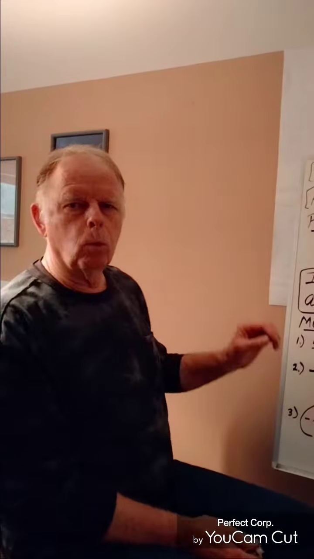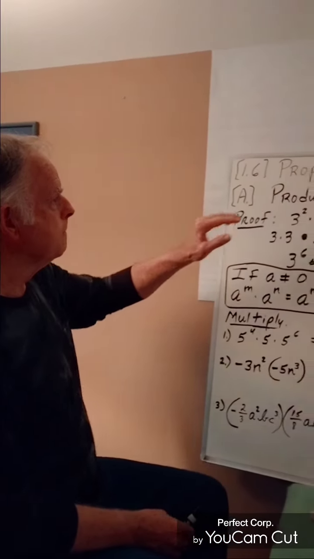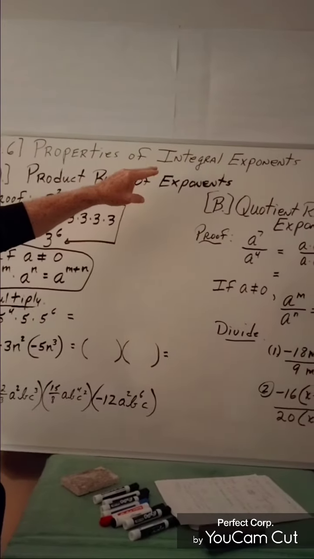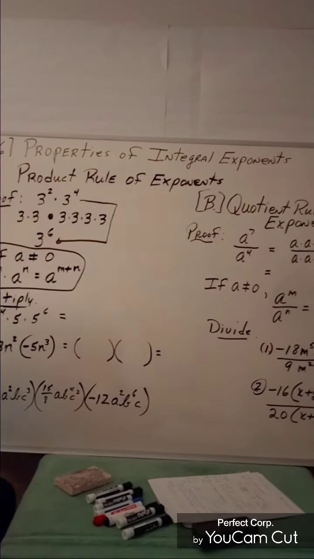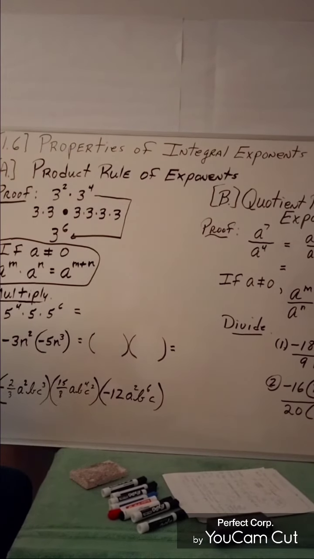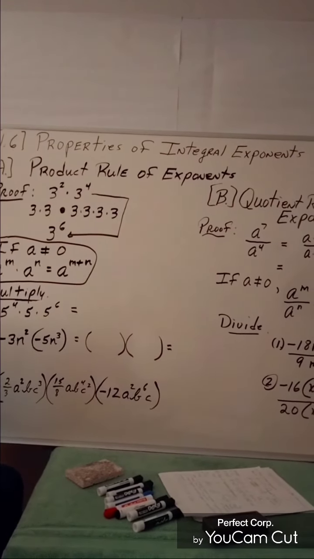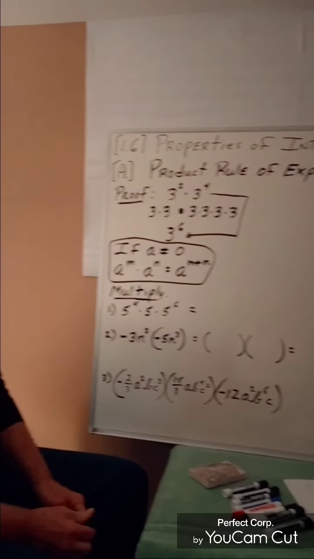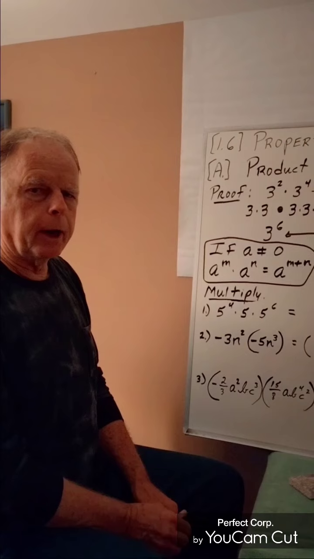What 1.6 is dealing with is properties of integral exponents. Integral comes from the word integer. So the exponents on these exponential expressions that we're going to be looking at in 1.6 are integer exponents.